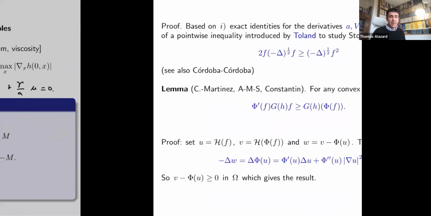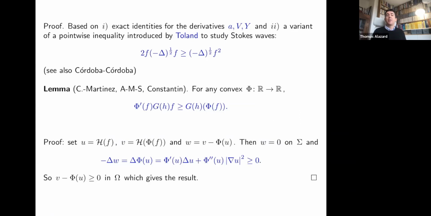The proof is based on Stampacchia's method and some pointwise inequality. More precisely, a variant of a pointwise inequality introduced by John Toland to study Stokes waves, which are fundamental waves in the study of the water wave equation.